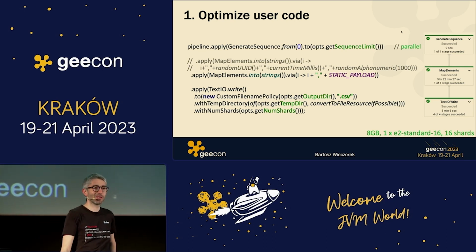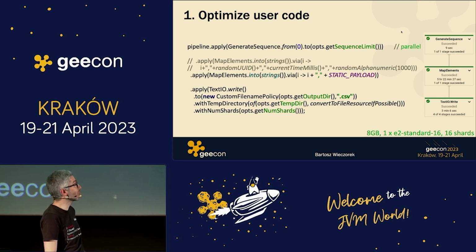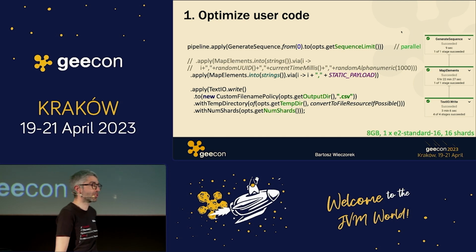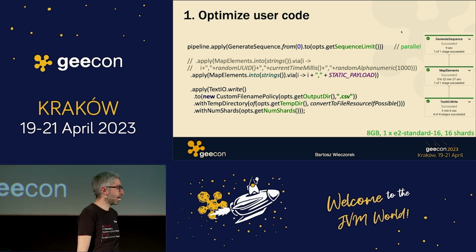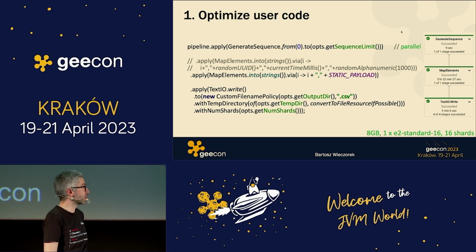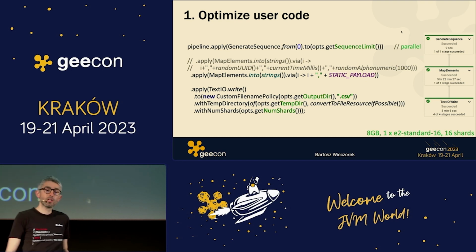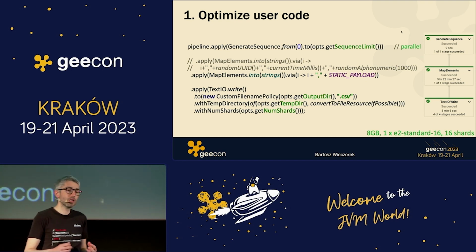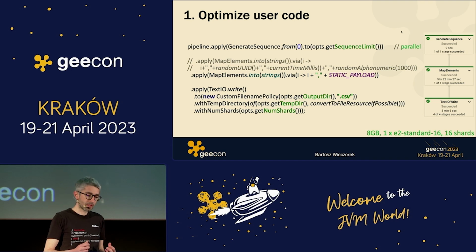Still, it's 1 kilobyte of message. If we remove the UID generation and the Apache Commons generate random ASCII, I'm still generating 1 kilobyte of messages. But the whole concept here is that if we optimize the CPU time for the custom code that we write, maybe we can improve the throughput of the overall pipeline.